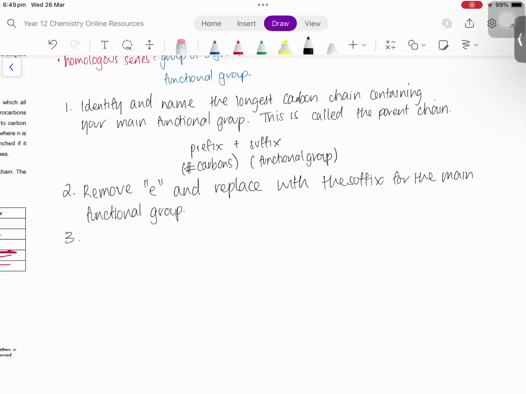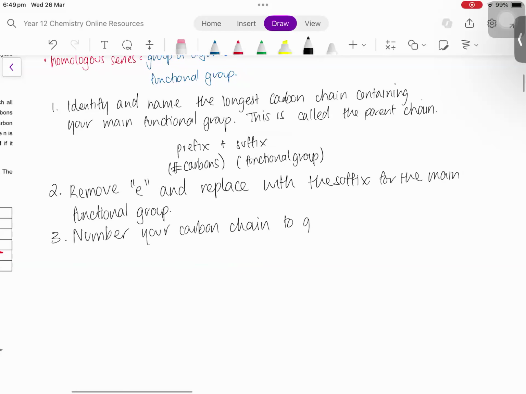Leave step 2 for now, jot down step 3. Step 3 is to number your carbon chain to give your main functional group the smallest location number.